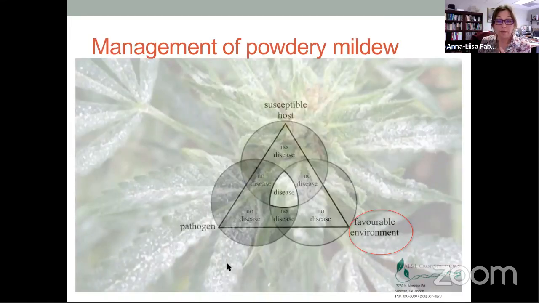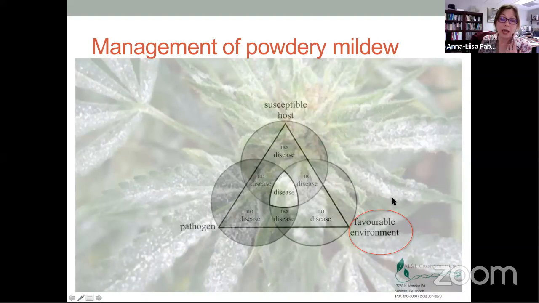I wanted to show this with the case of powdery mildew. It's so ubiquitous, it's everywhere. If you are growing a susceptible host like cannabis, you have the pathogen everywhere.